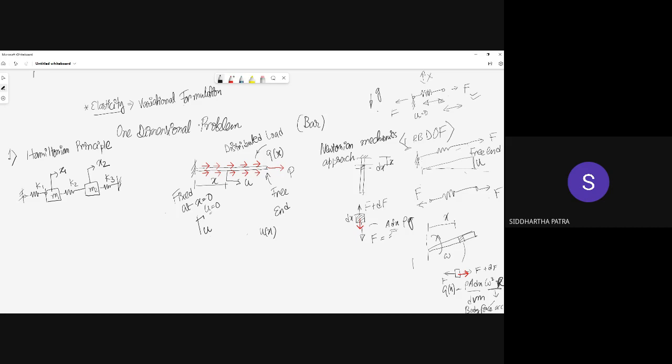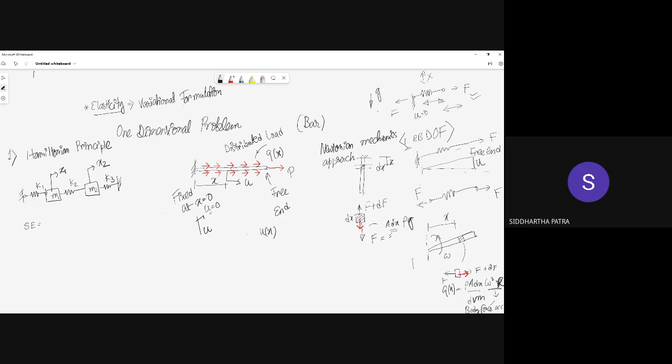Can you tell me what is the net strain energy in the system? In this problem, there is no external force, so we are talking about natural vibration of the system. All I'm asking is how much is the strain energy.